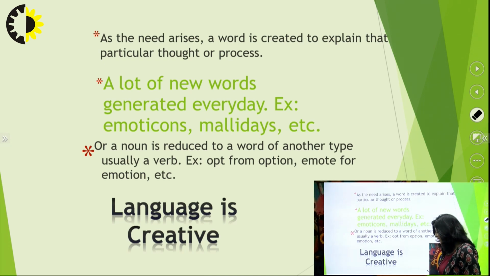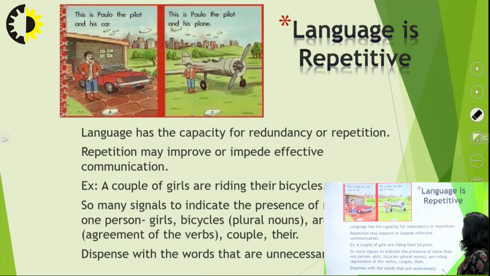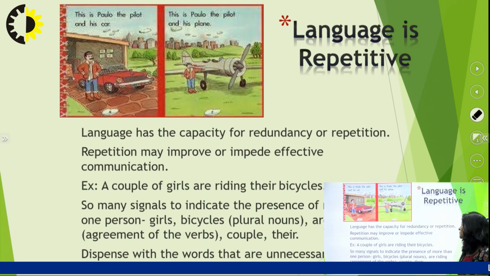Now let's move to the next feature of the language: language is repetitive. Language has the capacity for redundancy or repetition. Repetition may improve or impede effective communication. Now, what is the meaning of this line? Repetition may improve. If you see this example, a couple of girls are riding their bicycles.